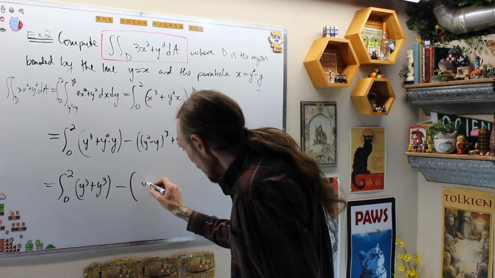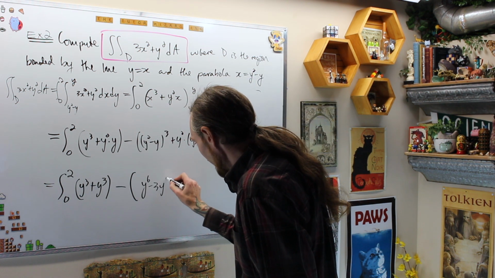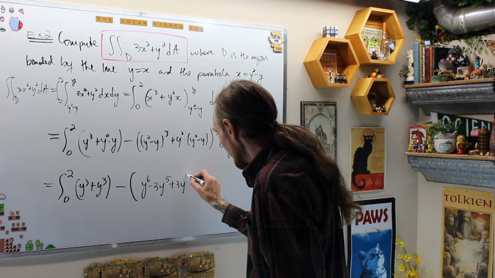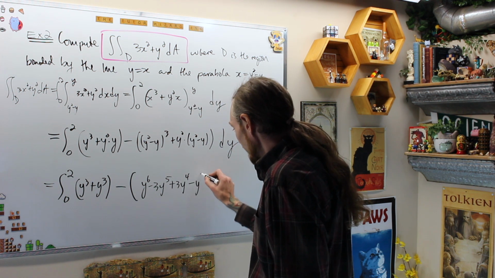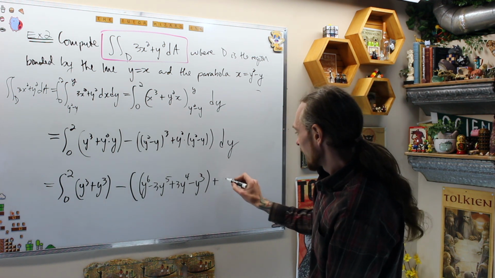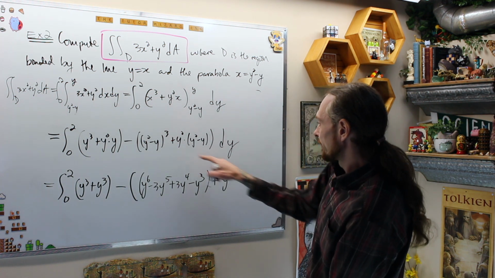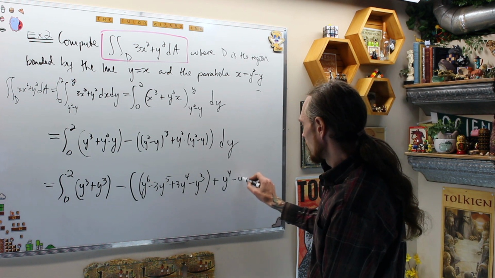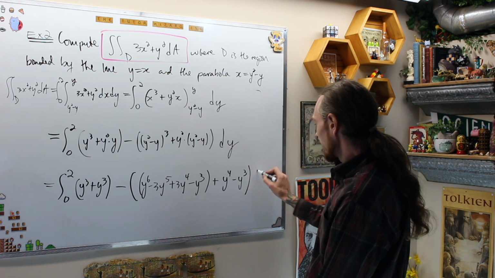So this should be y to the 6 minus 3y to the 5 plus 3y to the 4 minus y cubed, and then plus, here I'm going to get y to the 4 minus y cubed, bracket dy.